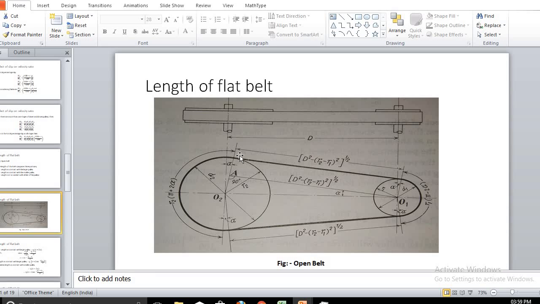Now this distance from this point to this point we can obtain by considering the triangle O2 A O1.